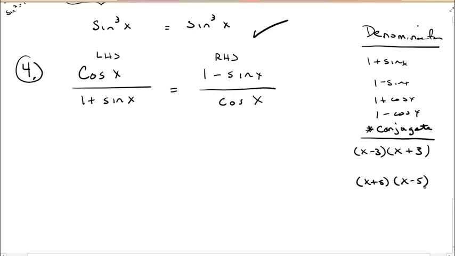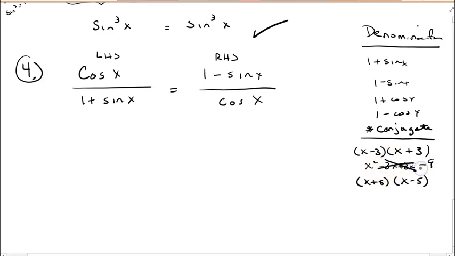Why are they so useful? Well, let's multiply x minus 3 times x plus 3. X times x is x squared. Notice, if I were to FOIL this out, I'd get minus 3x plus 3x. They cancel away, right? And then I get minus 9.